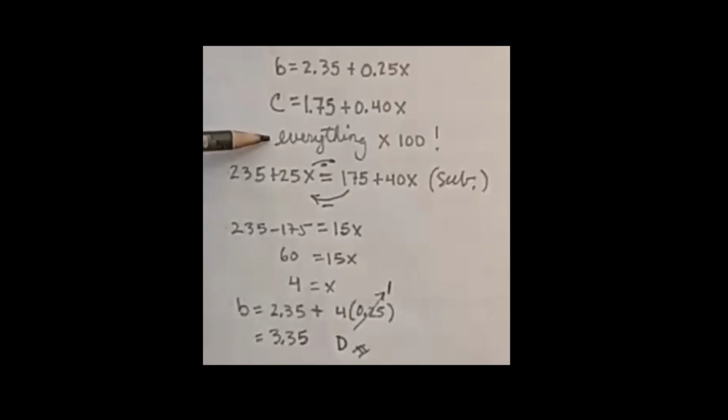And that's going to be multiplying everything times 100. We do that and set them equal to each other, and this is what we get. Rather than adding and subtracting everything from both sides, I take the numbers that I want to take across and I just change the sign. Combine 40 and 25 to get 15. This is what I get on the left side. That equals 60. That means 15 times x equals 60, so x must be 4. We back substitute it into the equation. The answer is D.